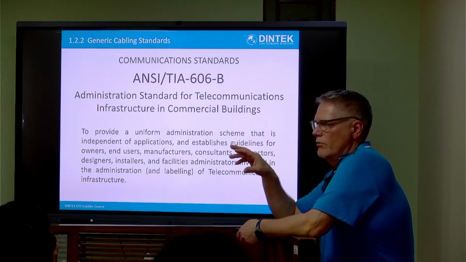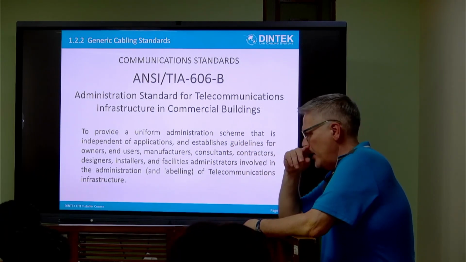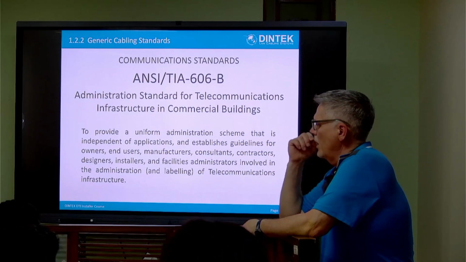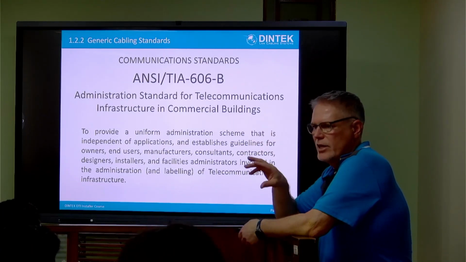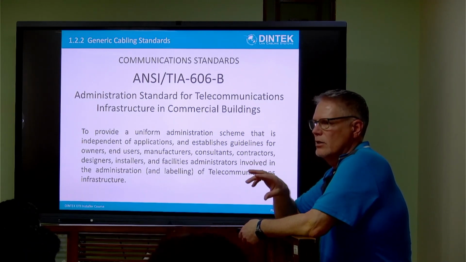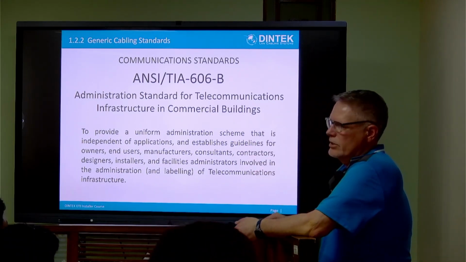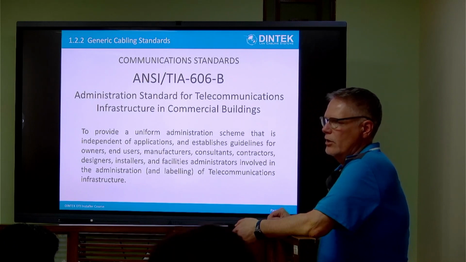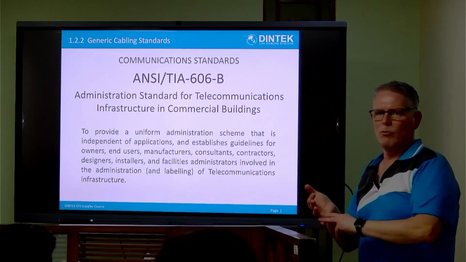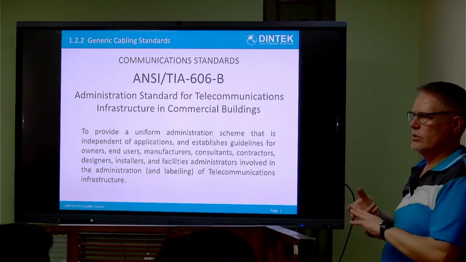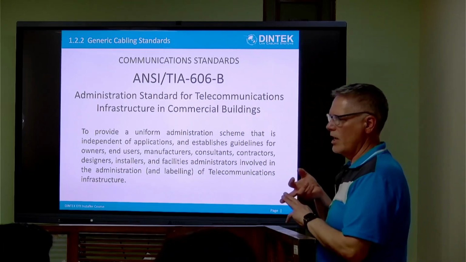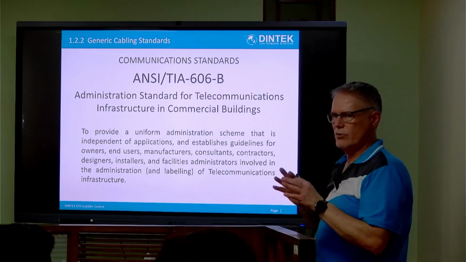Different buildings have different numbering standards, and if a customer said, I want you to put in a cabling identification system that's standardized, you would then go to something like 606. So that's going to tell you how to number cable routes, how to number cables in different environments, down to labelling trays, ducts, all that sort of thing.